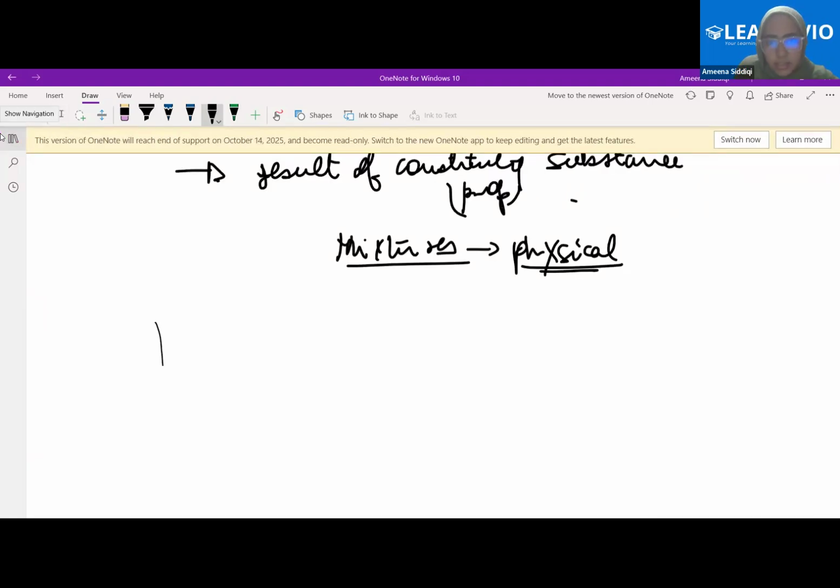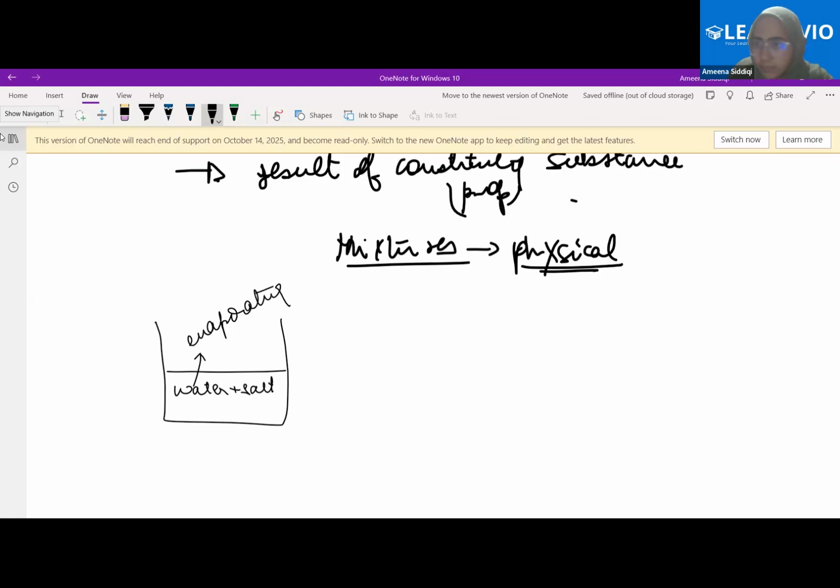What we are doing in the crystallization method, look here. Let's suppose I have water plus salt here, present in the mixture form. How am I able to remove both of them from each other? I am evaporating this water. Evaporating means I am having the water in the vapor form, and the salt is forming the crystal.